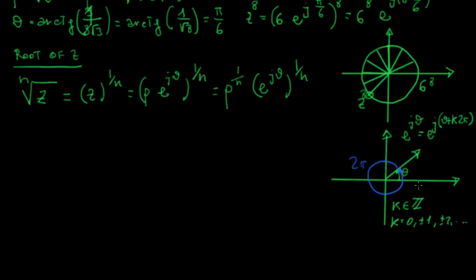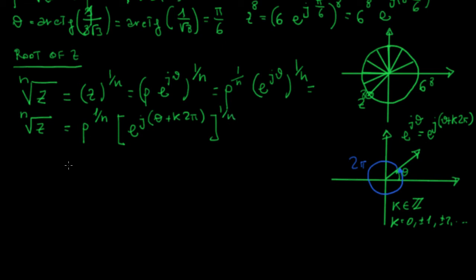Okay, so if we substitute this new expression in this form, what we find is that the nth root of z is equal to rho raised to 1 over n, and what is inside here is e raised to j theta plus k times 2 pi, all raised to 1 over n.